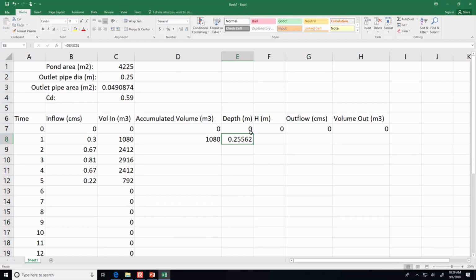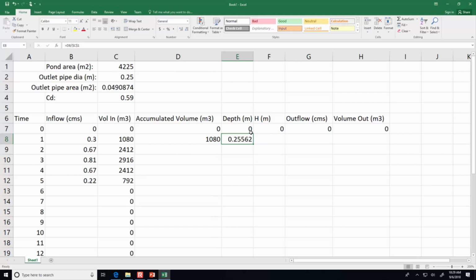Any questions about that or anything else so far? Here's our pond, and here's the outlet. If this is the depth, from the bottom of the pond to the water surface, here's H. H is from the center of the pipe to the water surface.